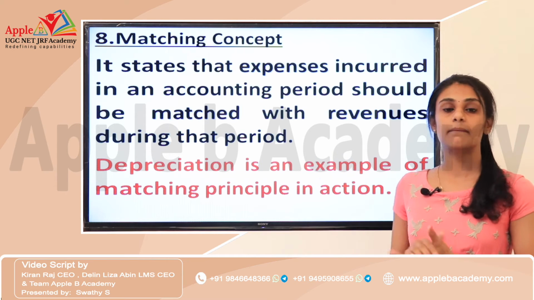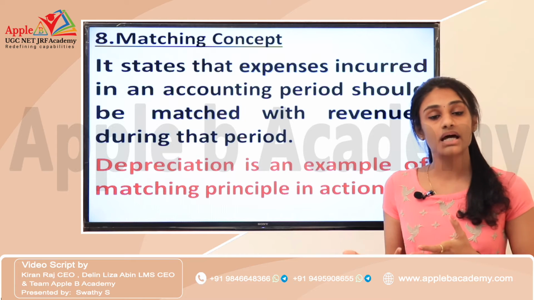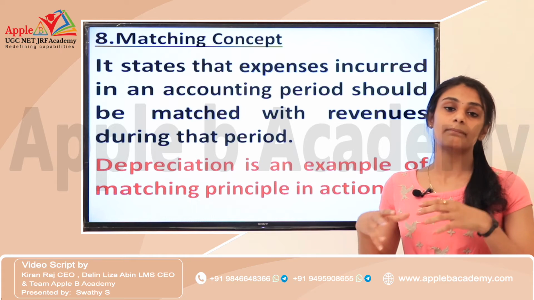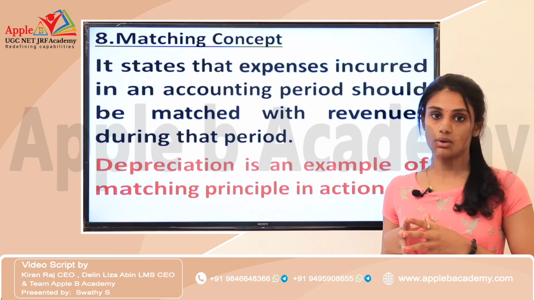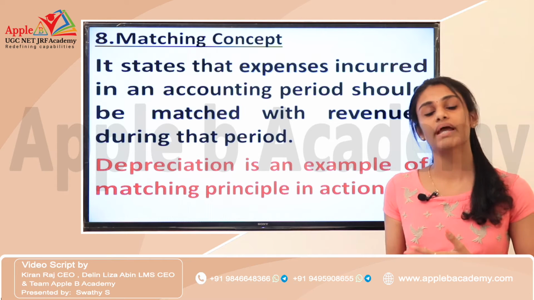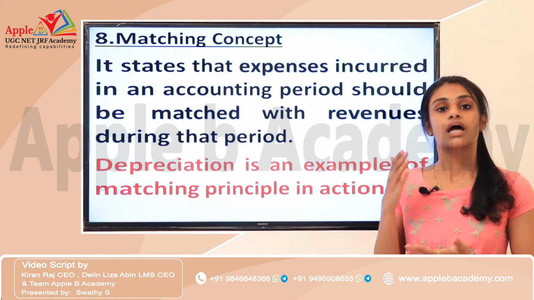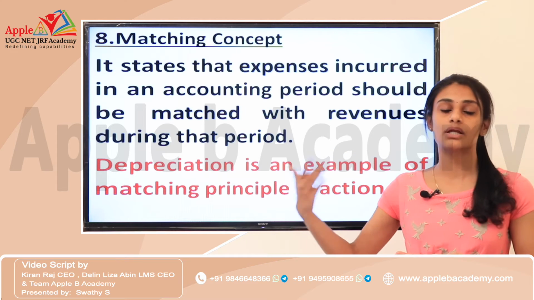Here the best example is depreciation. We are making lots of income from a particular asset. We are using the asset to make our output, and we are getting revenues. In such cases, we know that the asset gets depreciated period over period.